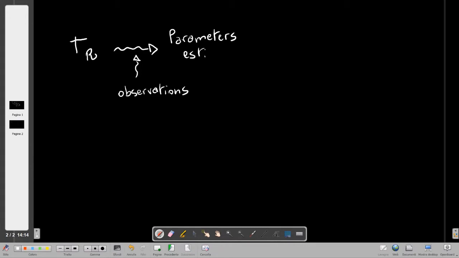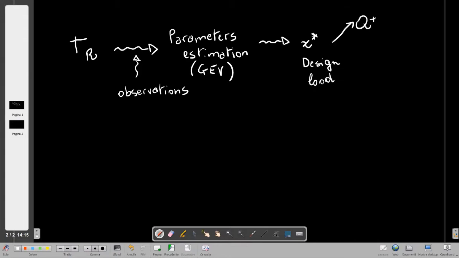And when I talk about parameters, I'm talking about the parameters of the cumulative distribution function, in this case of the generalized extreme value distribution. And then the definition, or better, the estimation of the design load.